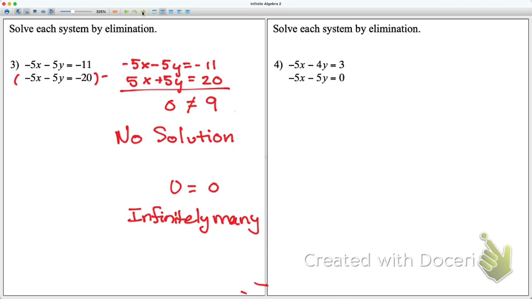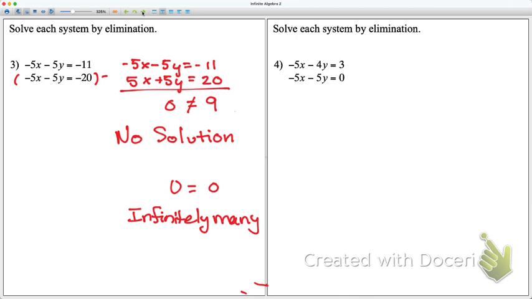So what variable do you want to get rid of? How about the x's? Don't the x's have the same coefficient, both negative? So all I need to do is multiply one by a negative, all the way through.